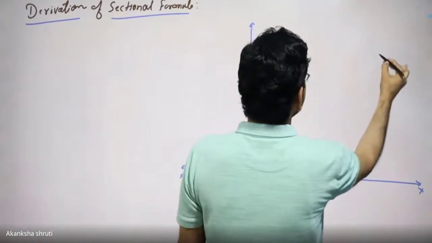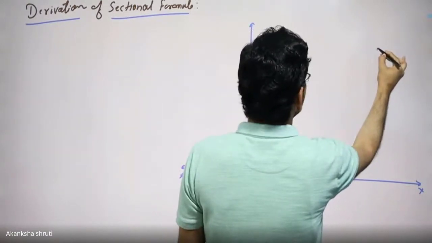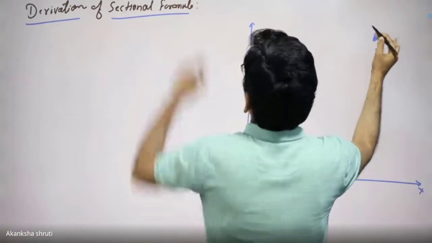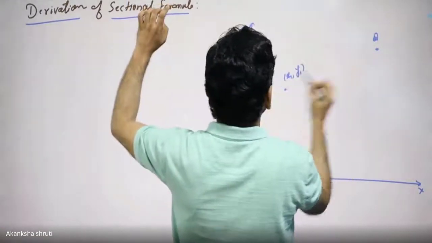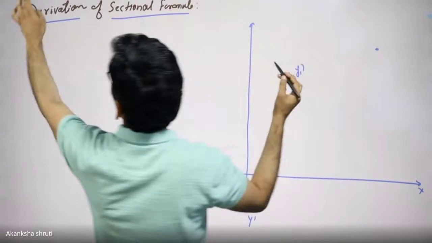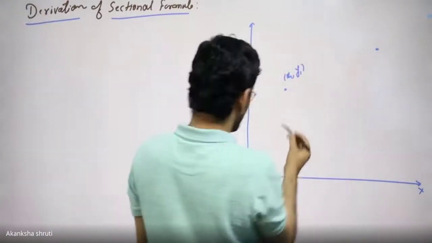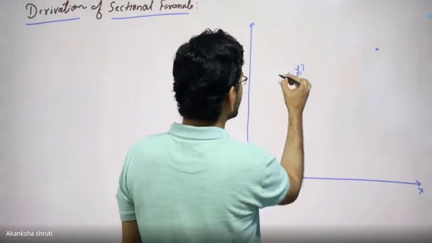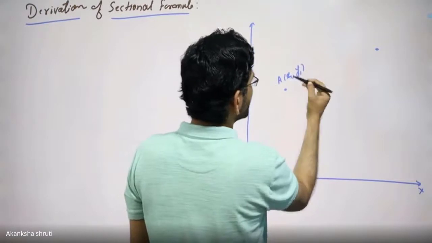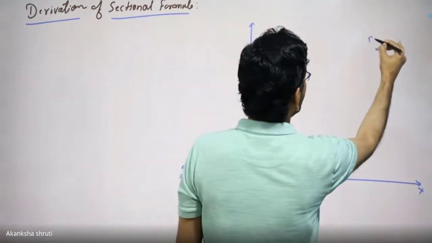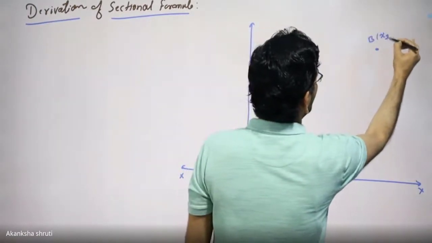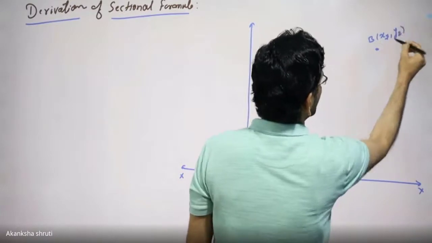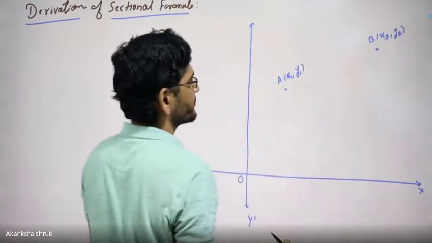Let me name the second point as Q, or this as AB. Students, let us consider the two points A (x1, y1) and B (x2, y2) in this coordinate system.